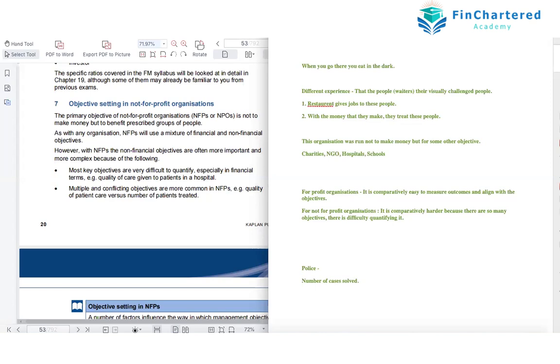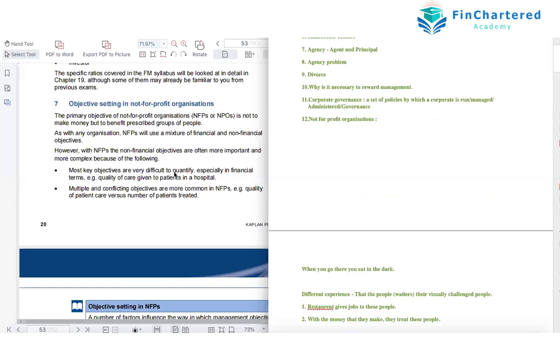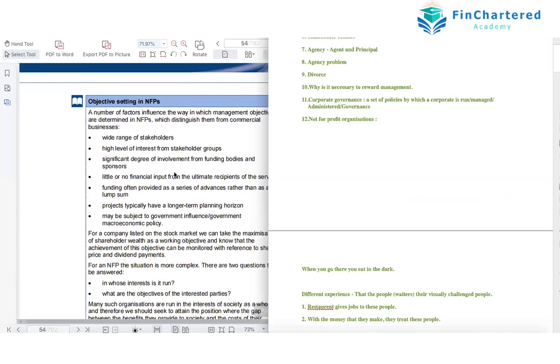So how do you measure that? Many cases in a lot of countries run for years, right? So how do you measure an ongoing case? How do you know how have we performed? So it's comparatively harder. That's what we are trying to say in the text. Okay. So that is how not-for-profit organizations are looked at.